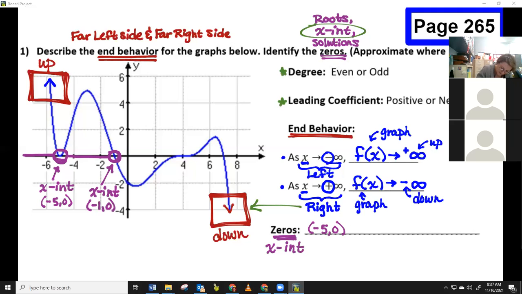So I'm going to write that one down on the line too. And then we continue our field trip across the x-axis. And right here, there's another x-intercept. 4, 0. I'm going to put that on my line here.